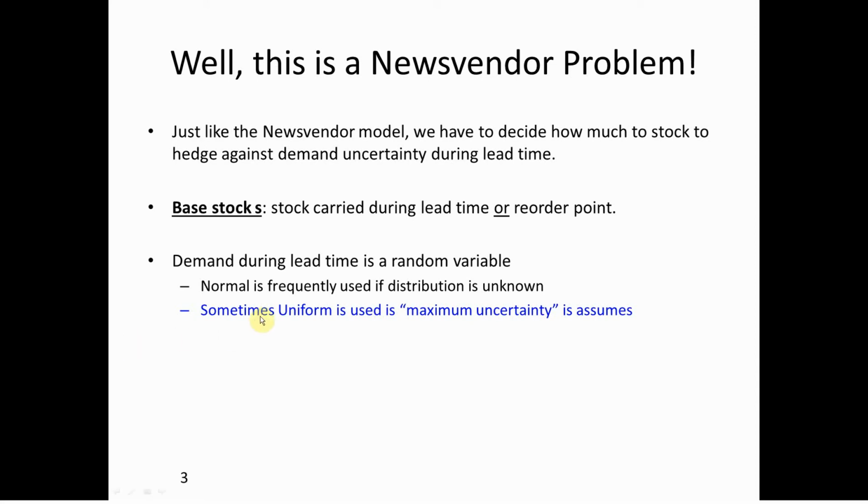Sometimes we will also use the uniform distribution if we really want to assume maximum uncertainty over a fixed interval. Fixed interval meaning a fixed amount of stock that we can carry. It's going to be between 0 and some number. And again, for technical reasons, we would assume the uniform, where everything is equally probable, whereas with the normal distribution, things towards the mean are more probable than things away from the mean.